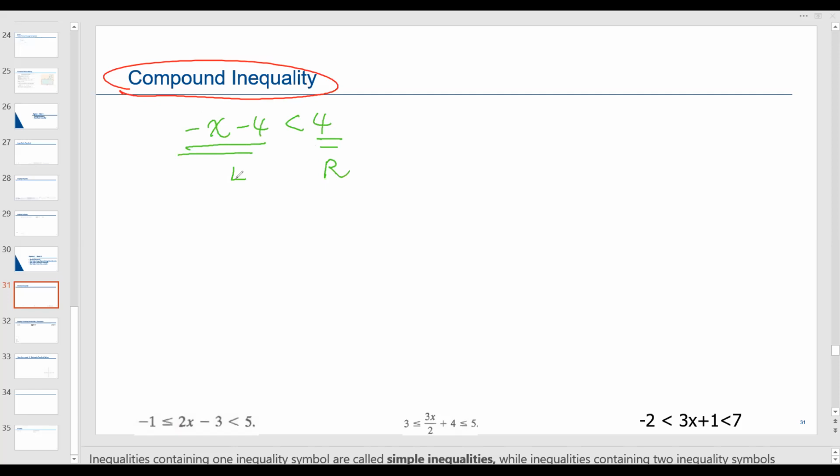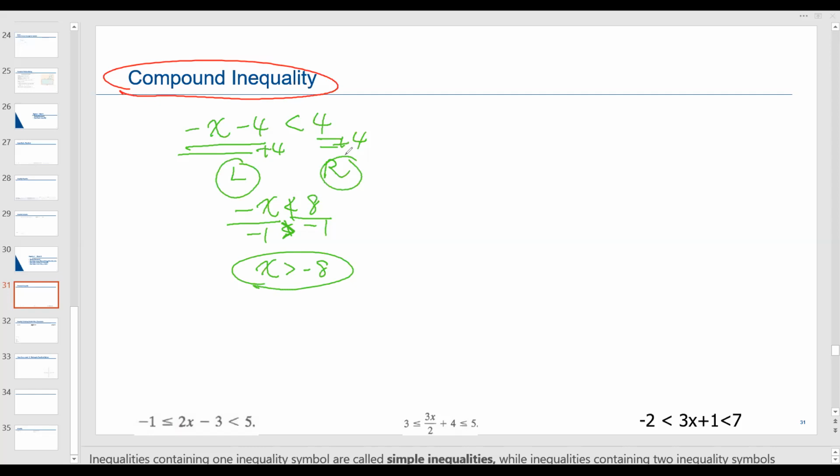Say +4, +4, you can get a result like this. So you get -x less than 8, and when you divide by -1, you change the alligator mouth to greater, so you get x greater than -8. So this only has a left and a right.